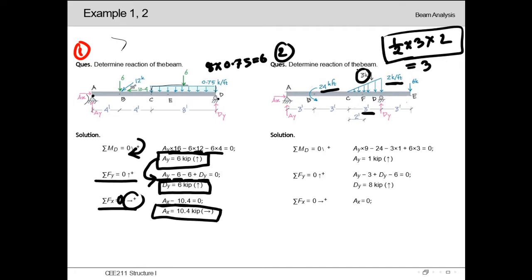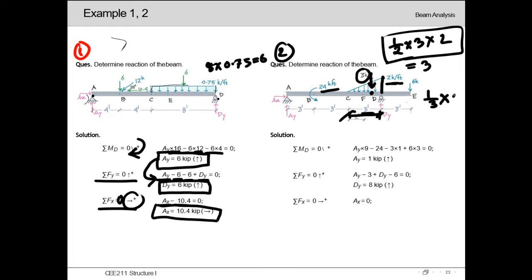Now we also need to calculate the point at which this total load will be acting. While considering moment, it will be required. So this load of 3 kip will be acting at a distance of 1/3 of its length from the increasing side. That means the point at which this load is acting will be at a distance of 1/3 of the total length throughout which it's acting.